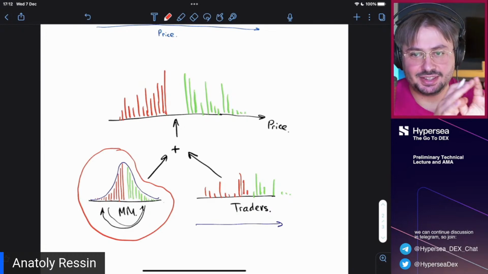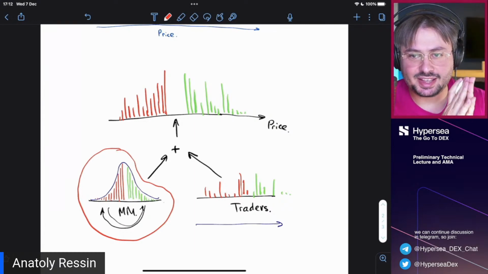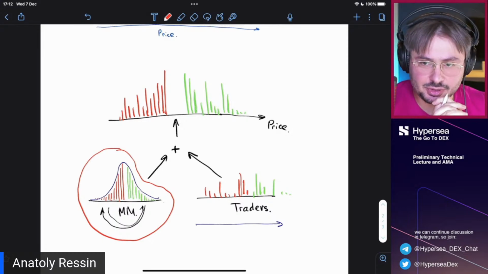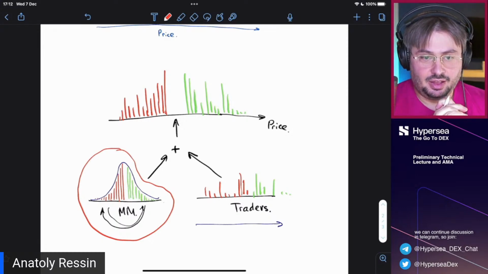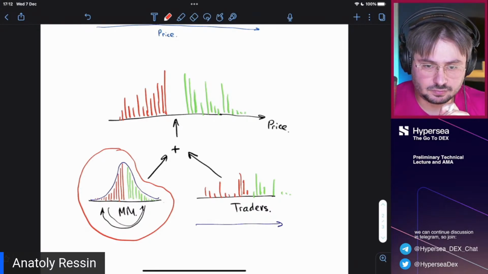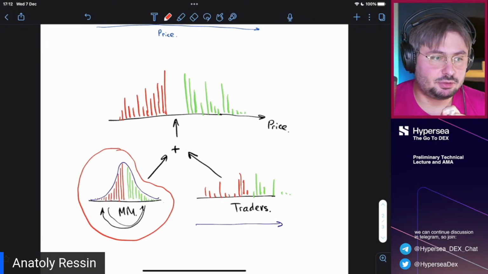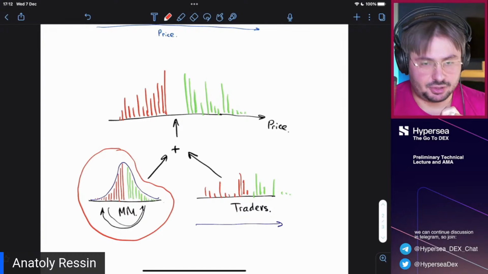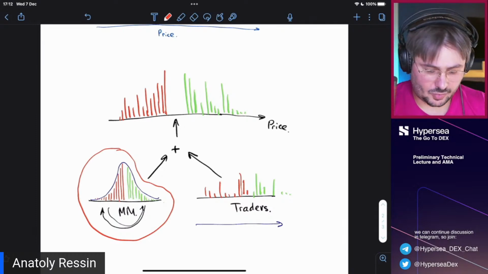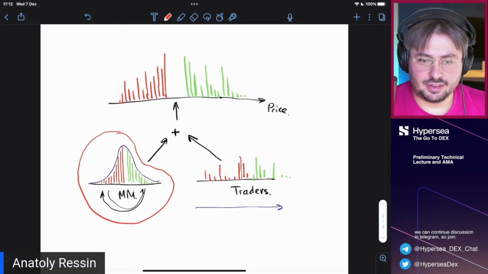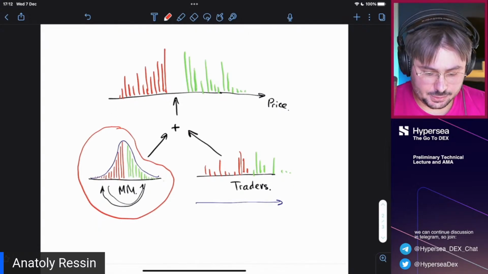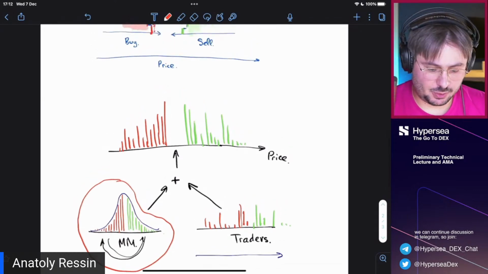Here I just explained what is happening in central limit order books, and in automatic market makers like Uniswap, we have an absolutely different picture. It excludes one type of users.